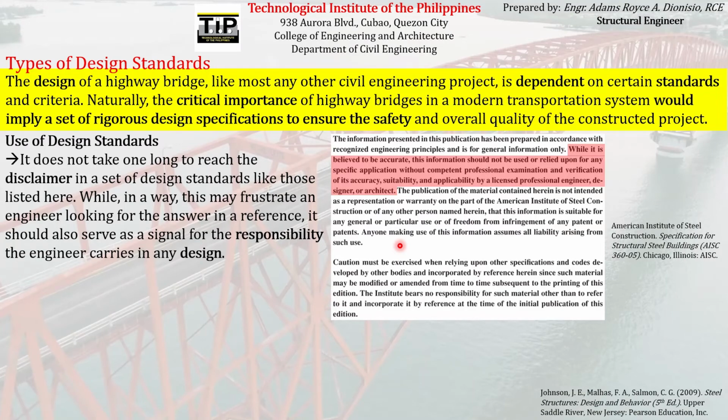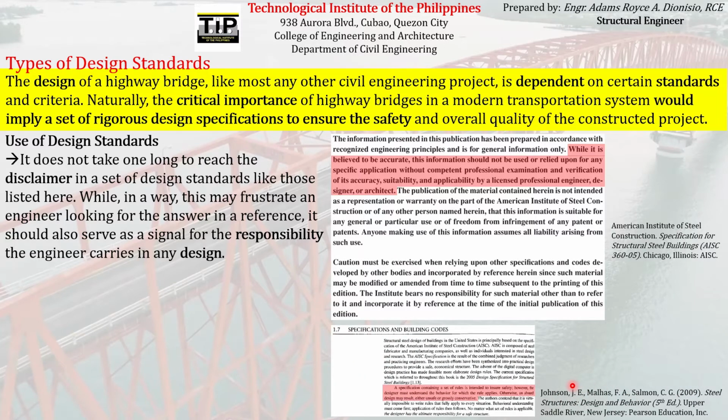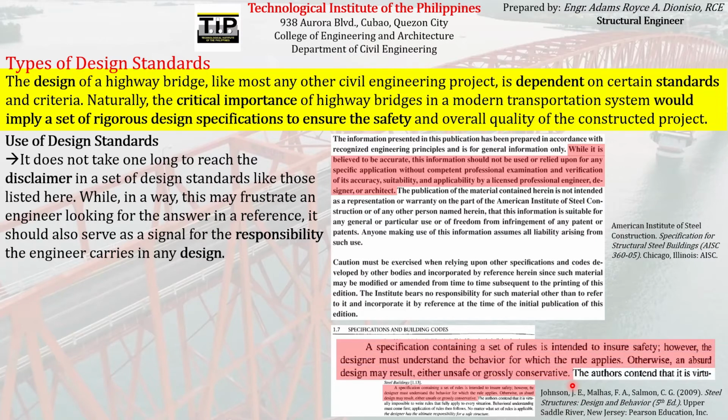Just like what Salmon and Johnson said in their book, Steel Structures: Design and Behavior, 5th edition. May I just quote section 1.7 of that book. It was said there that a specification containing a set of rules is intended to ensure safety. However, the designer must understand the behavior for which the rule applies. Otherwise, an absurd design may result, either unsafe or grossly conservative.